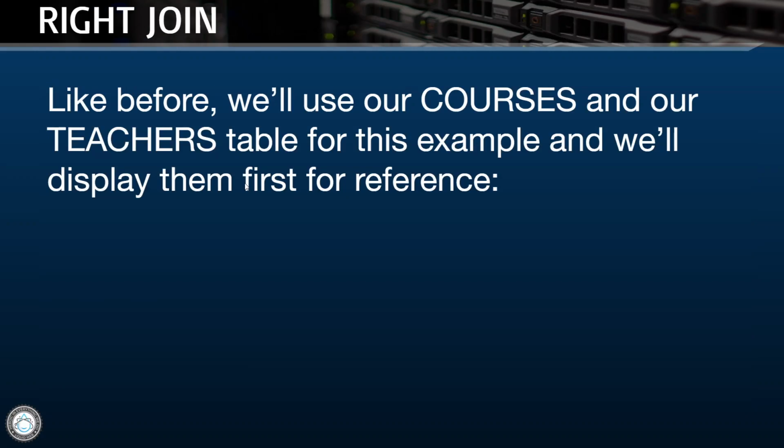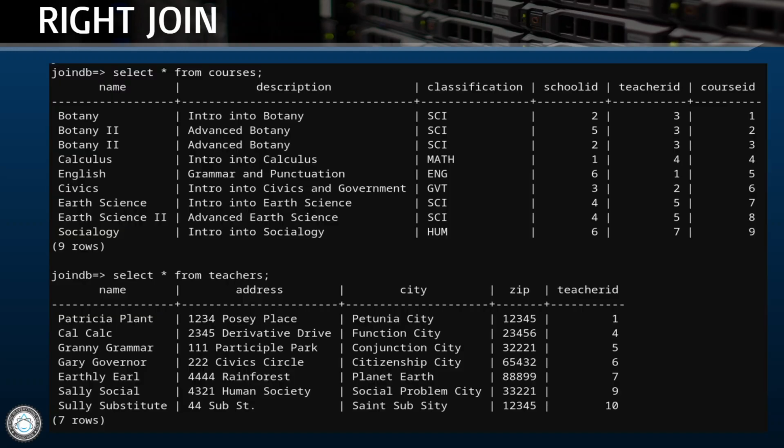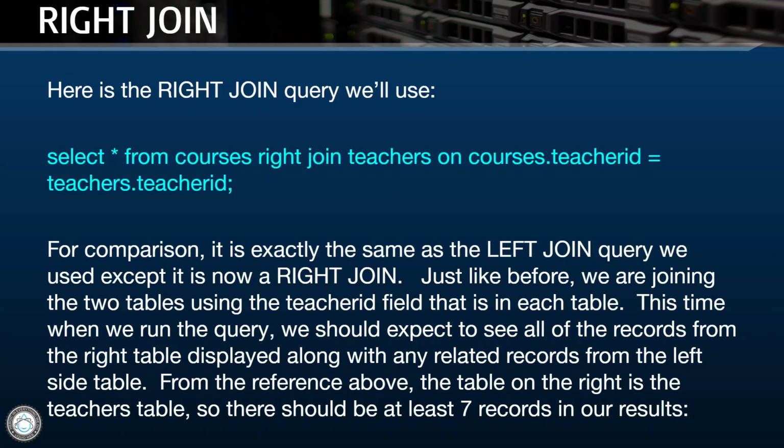Let's move on to right joins. And like before, we're going to use the same tables, the courses table and the teachers table. And here's what they look like as a reminder. And the quick summary of a right join is pretty much exactly the same that we talked about for a left join, with the difference being that we're going to join 2 tables, the courses table and the teachers table.